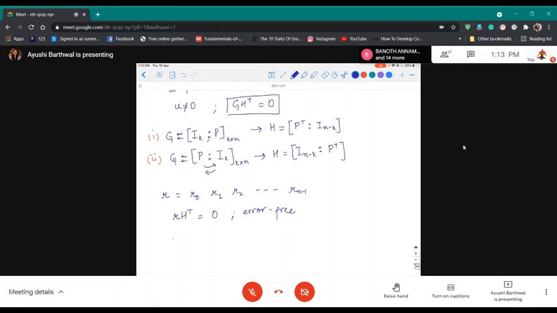And if it is not equal to 0, this means the received data has errors.